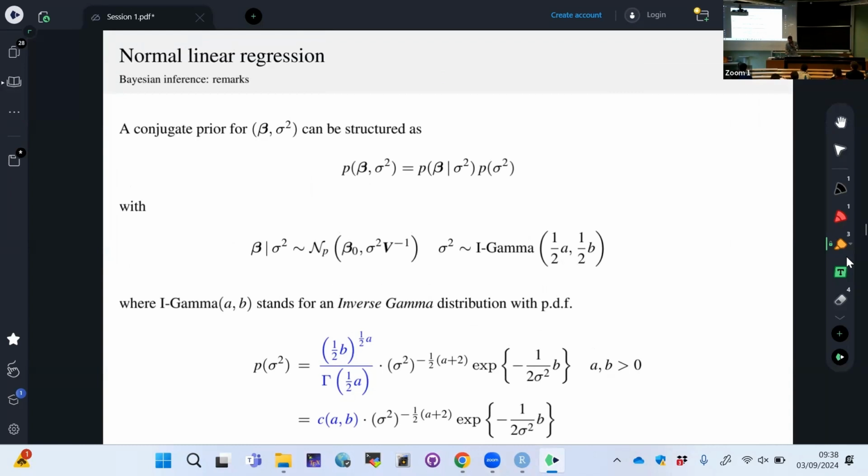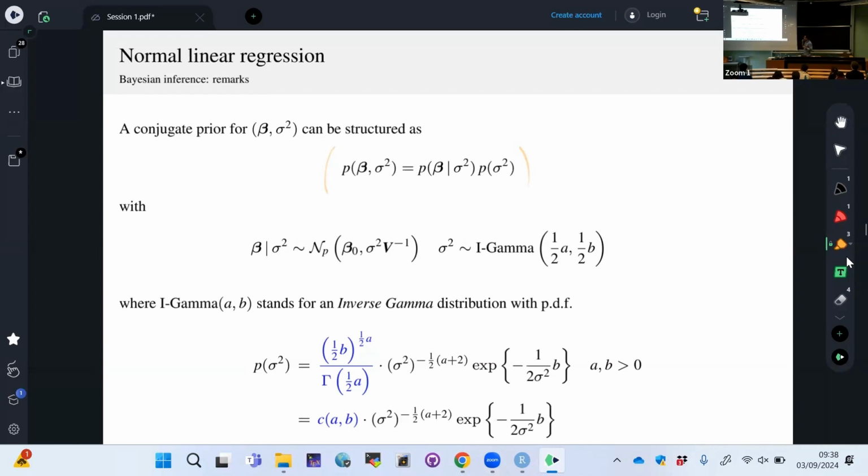The joint prior must be written as a product of a conditional prior, P of beta given sigma squared, and the marginal prior for sigma squared. So we must introduce, let's say, dependence on sigma squared in the prior on beta.